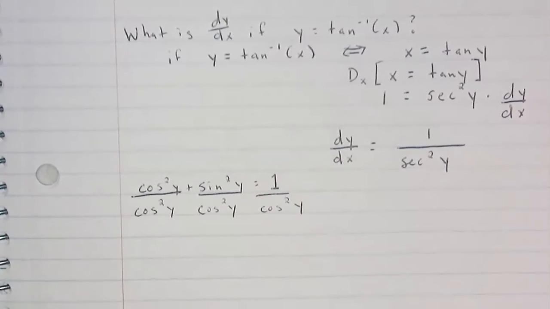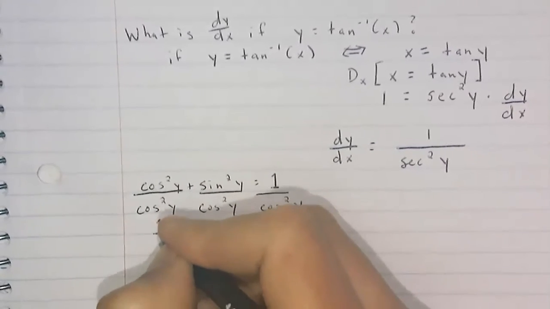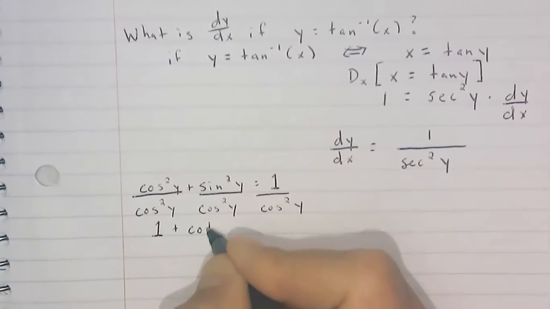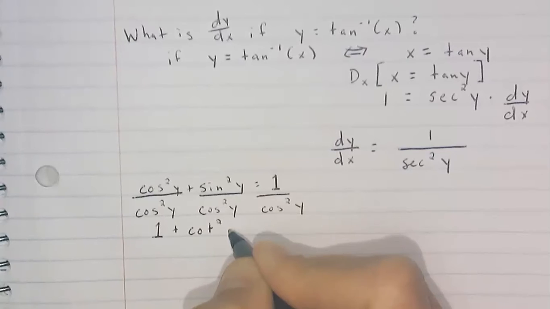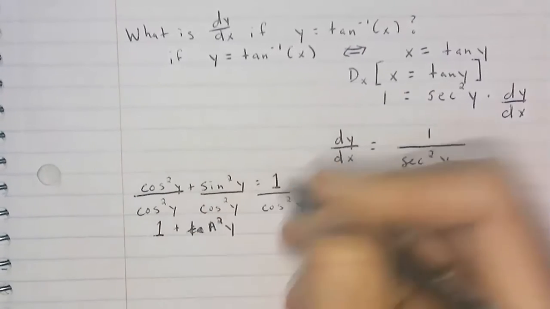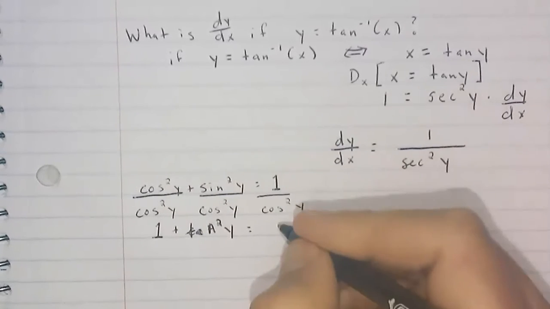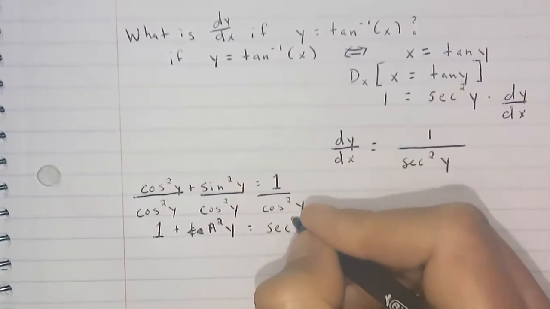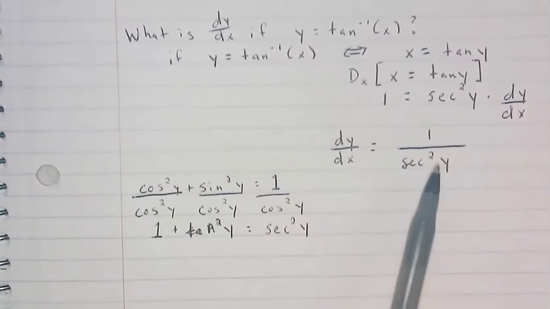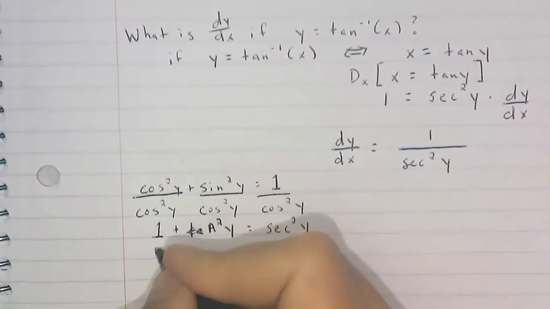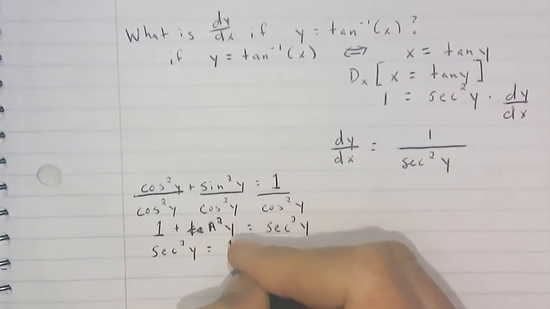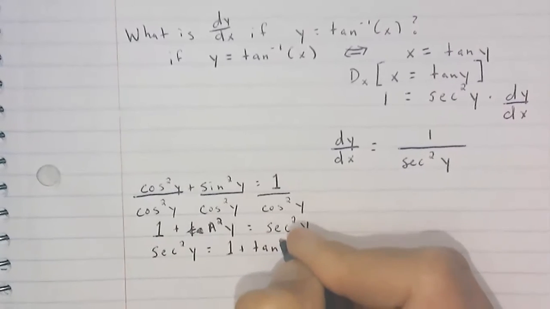How does that help us? Well, it turns this guy into a 1, turns sine squared y over cosine squared y into a tangent squared y, and it turns 1 over cosine squared y into a secant squared y. So now we can say that the secant squared y is equal to 1 plus the tangent squared of y.